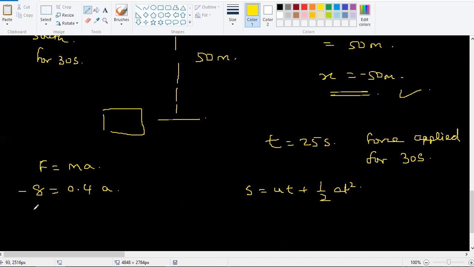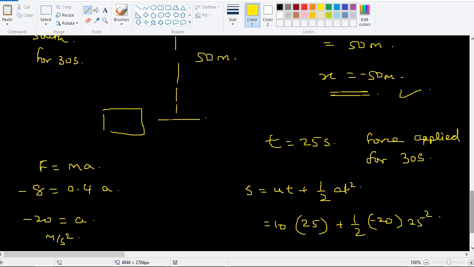So this will be 80 by 4, so it will be minus 20 meter per second square. U is 10. Time taken is 25 seconds. After 25 seconds, where it is? Plus 1 by 2. Acceleration is minus 20. T squared is 25 square. So do the math and tell me the answer.